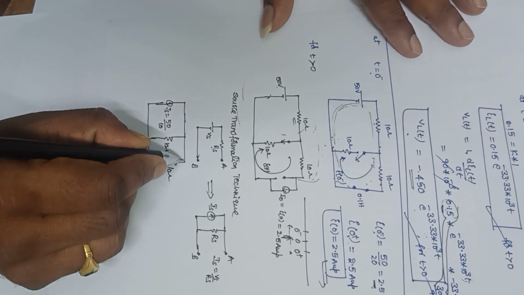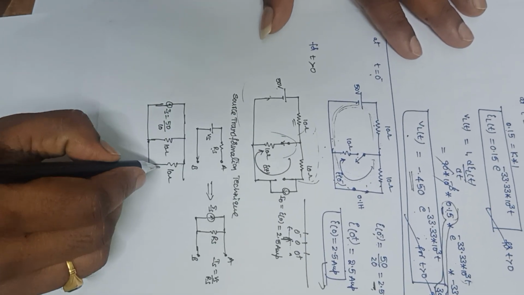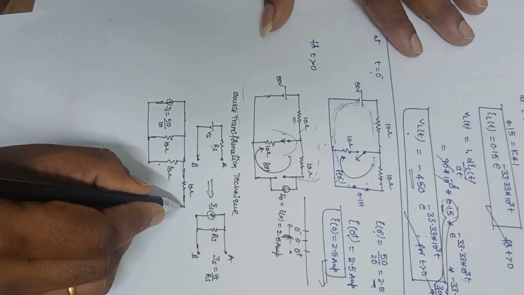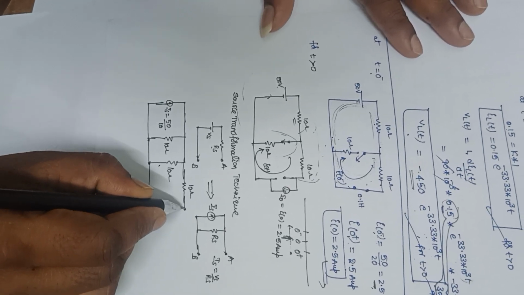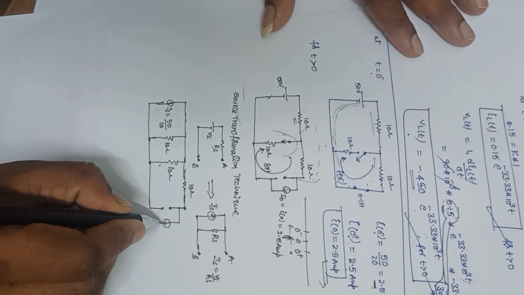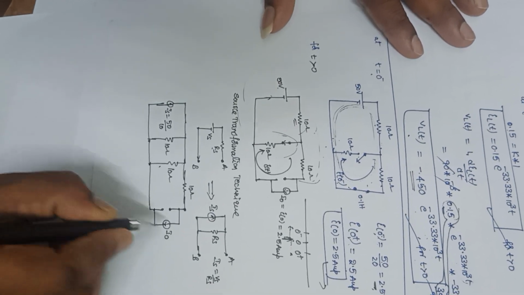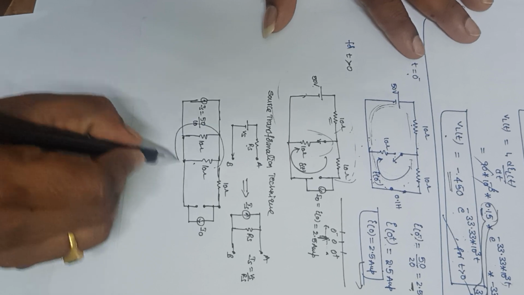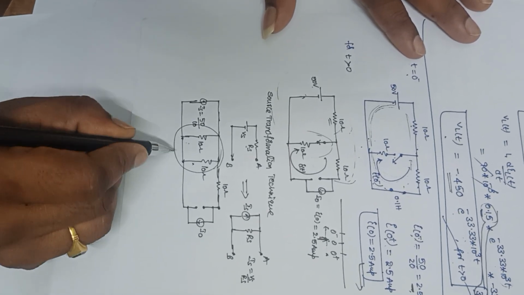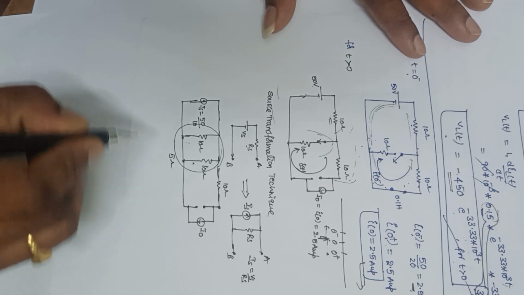This 10 ohms is connected to this 10 ohms, and this is I naught. Now this is the parallel combination. The parallel combination gives 10 into 10 divided by 10 plus 10, that is equal to 5 ohms.